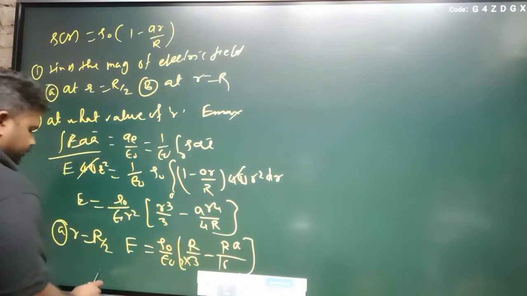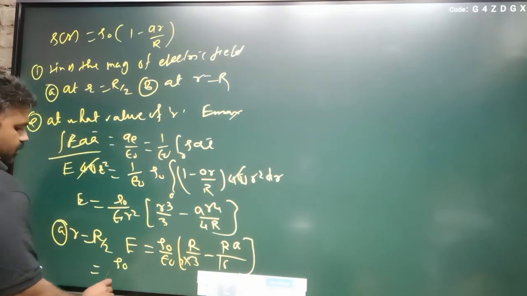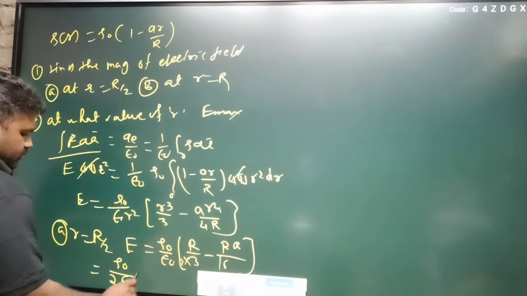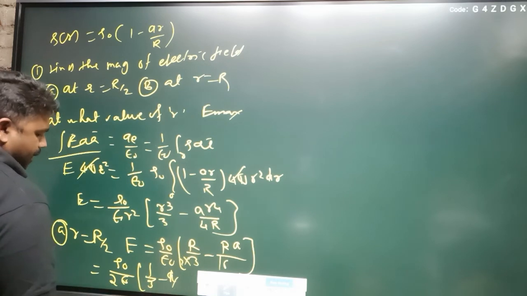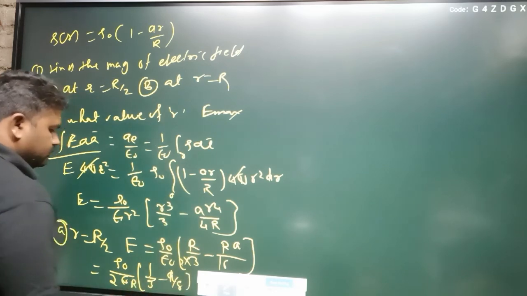So E equals rho naught upon 2 epsilon naught times (1 by 3 R by 2 minus a by 8) into R.